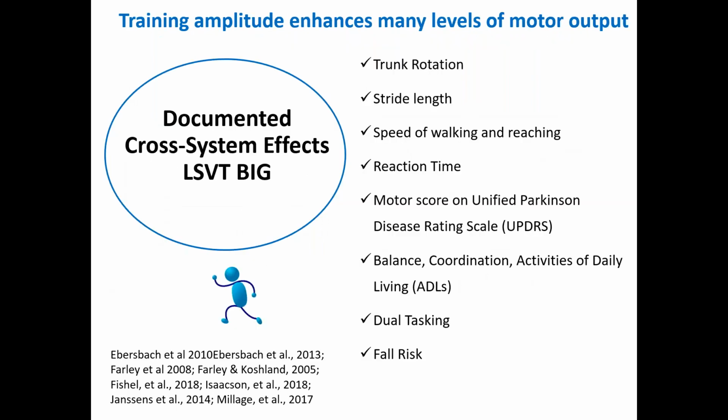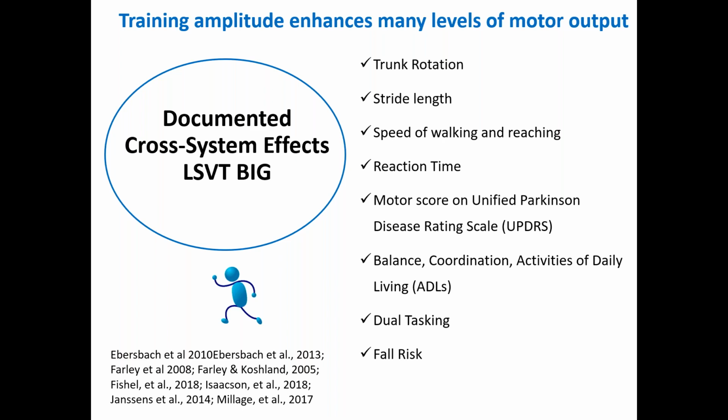And the training really does not just enhance one part, but it enhances many different levels of motor output. So we really do have documentation that it crosses all sorts of systems. We found from the research that we have improvements in the ability to rotate the trunk, so rolling over in bed, turning to shut off the light on the end table, and the stride length, so how big of a step people are taking. Again, improvements in how fast people are able to walk and to reach, the ability to have that quick reaction time.